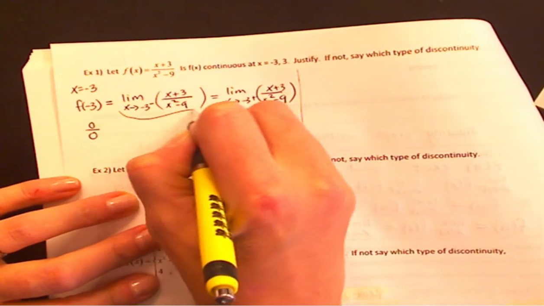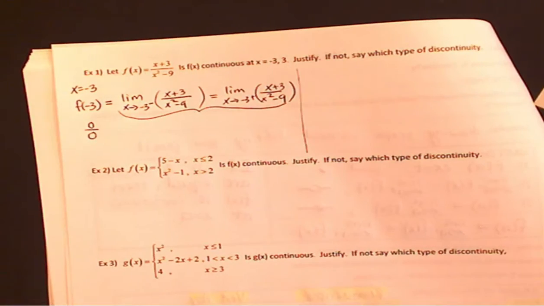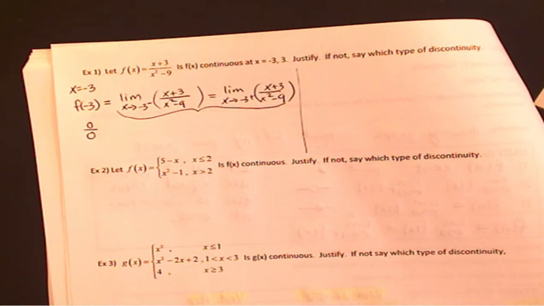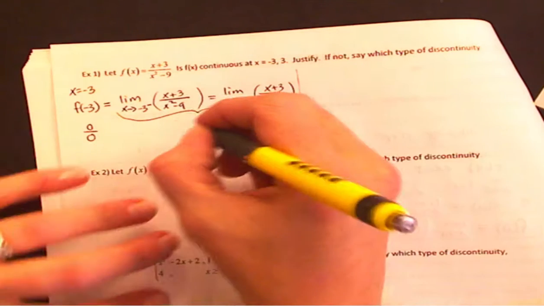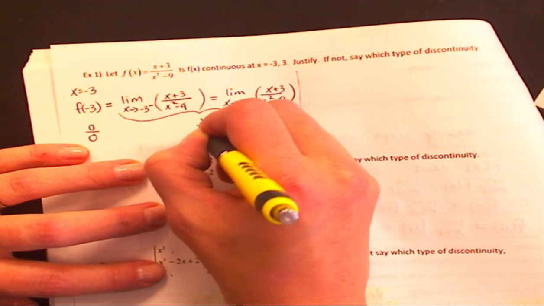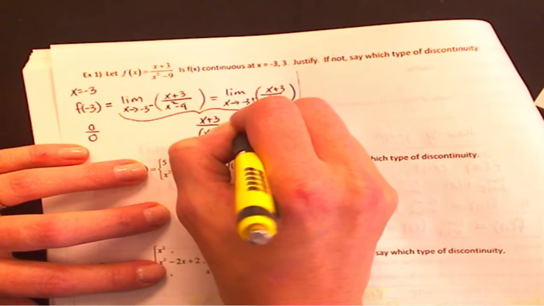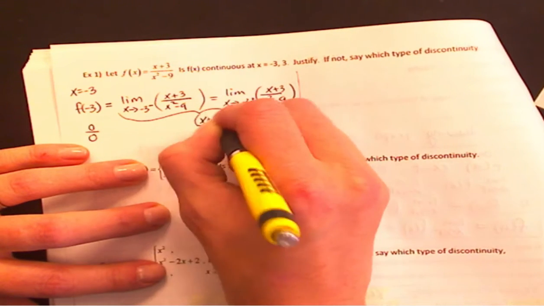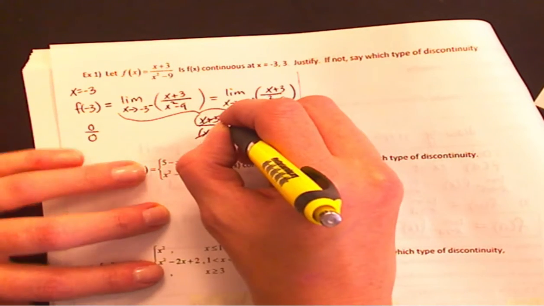Notice here that these two things are actually exactly the same statement. It's okay to combine them once you notice that they're the same. Okay. So I'm just going to do a little factoring, a little reducing here. We get 1 over x minus 3.